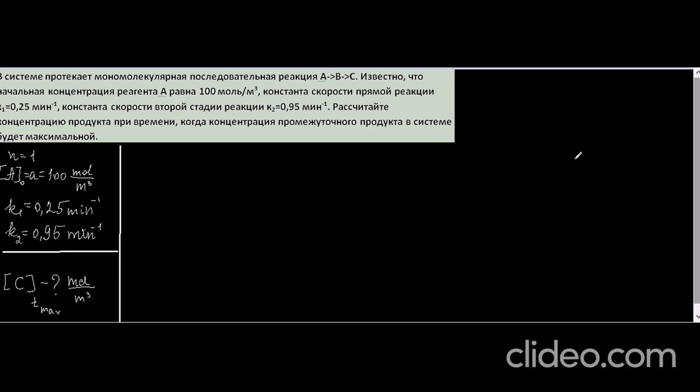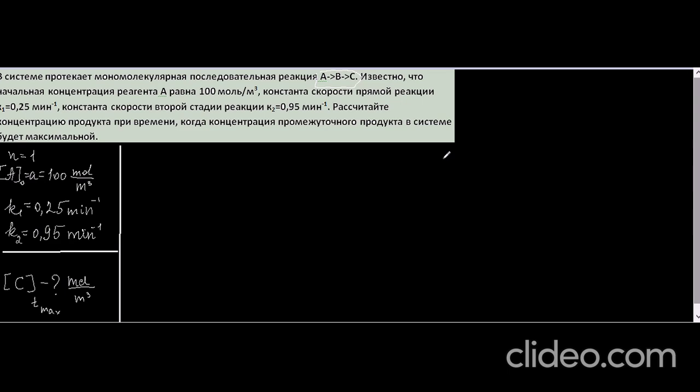We've got a system in which a unimolecular consecutive reaction occurs, and the scheme of this reaction is represented here. It's also known that the initial concentration of the reagent A is equal to 100 moles per cubic meter, and the rate constant of the forward reaction K1 is 0.25 minutes raised to minus 1, while that for the second stage of the reaction is equal to 0.95 minutes raised to minus 1.